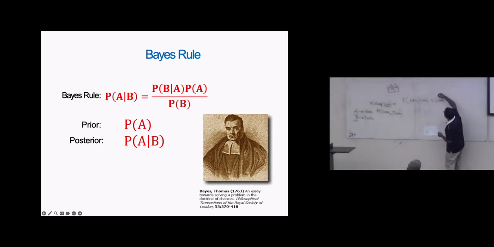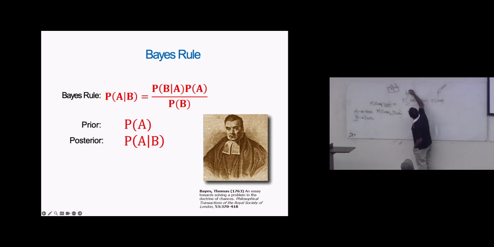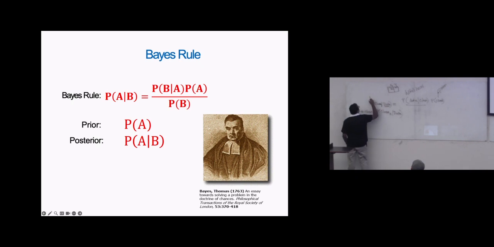So this term is called the prior. We already talked about this. This part is called the likelihood. And this probability is called the posterior.